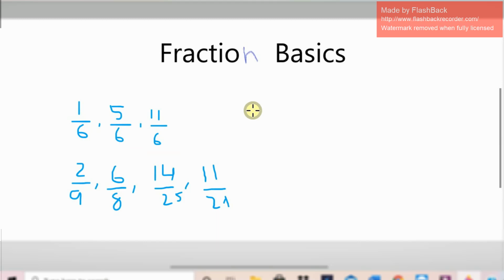Take an example for similar denominators. 5 by 11 and 8 by 11.